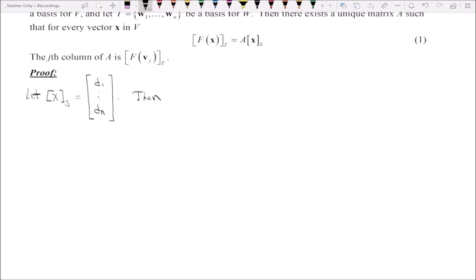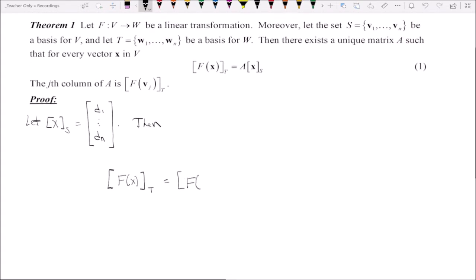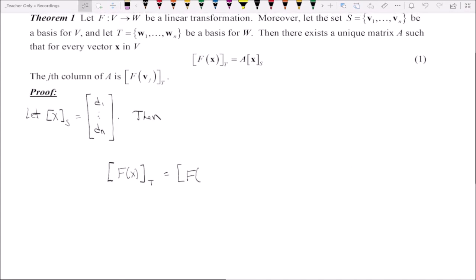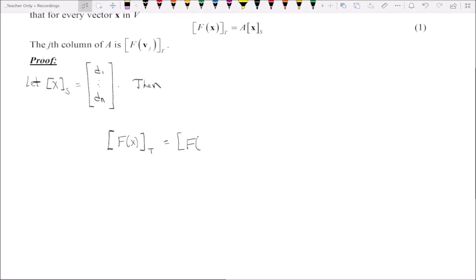Then, if we take a look at the coordinate vector of f of x with respect to T, we're looking at the coordinate vector of f of the linear combination of the vectors in S with the coefficients d1 through dn respectively.